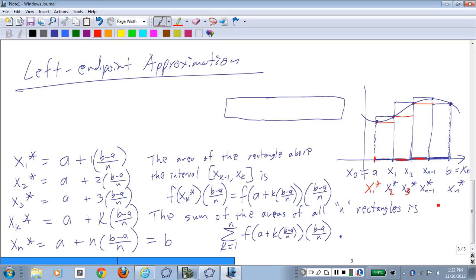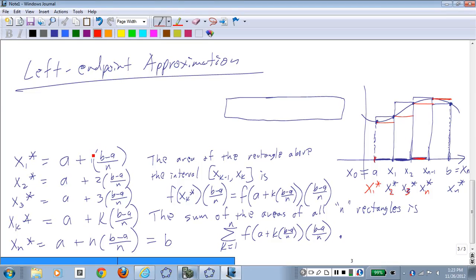I suppose technically that should have been my x sub n minus 1 star, because this very last one is going to be my x sub n star. The very last subinterval, we use the left-hand endpoint, and because it begins to decrease there, that's actually going to overestimate the area, whereas the other ones appeared to underestimate the area. So we're looking at that. That's x sub n star.